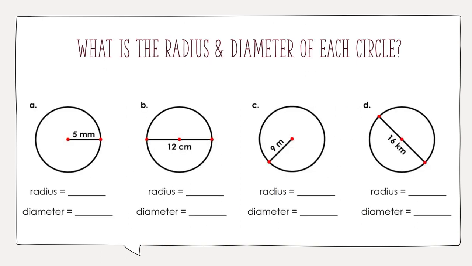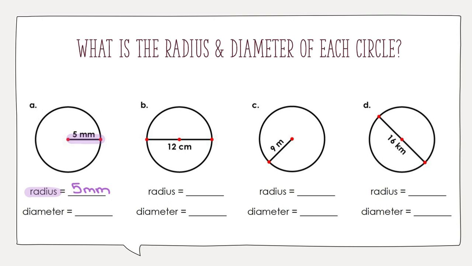We are just simply going to mark the measurements of the radius and diameter of each circle. So if we look at number 1, the 5 millimeter segment, is that the radius or the diameter? Okay, that is the radius. So if the radius is 5 millimeters, what is the diameter?